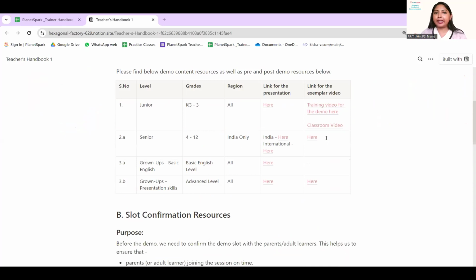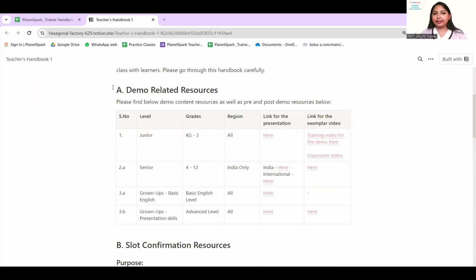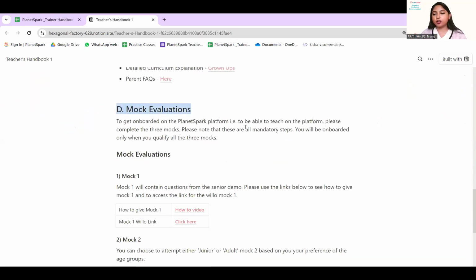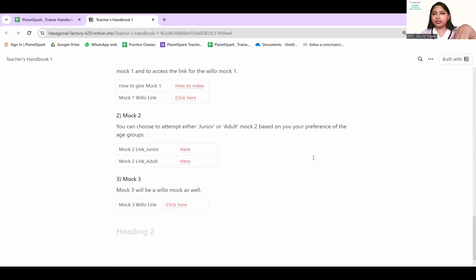It's on your dashboard. Can I share the handbook link? I can share, but your mock resources are already there. This is only the mock resource. I'm sharing it. This is the mock resources. Demo resource, point number A. Point number D, mock resources. Everything is in this handbook.